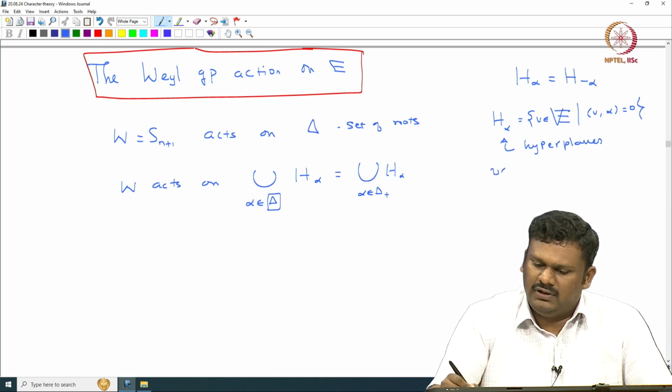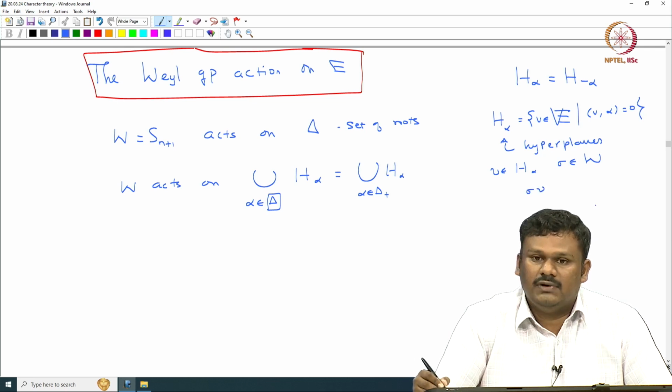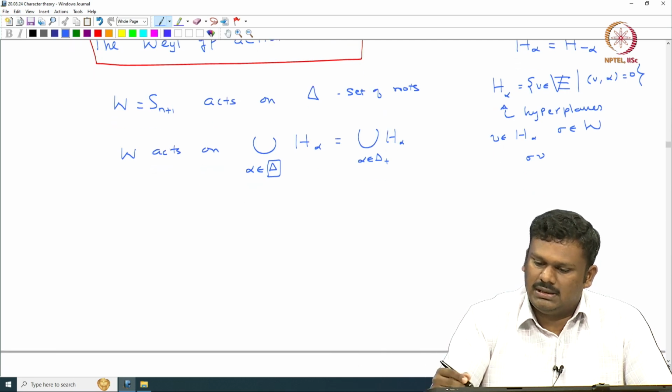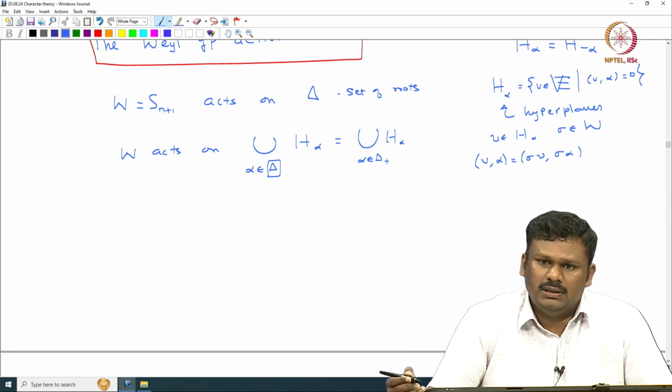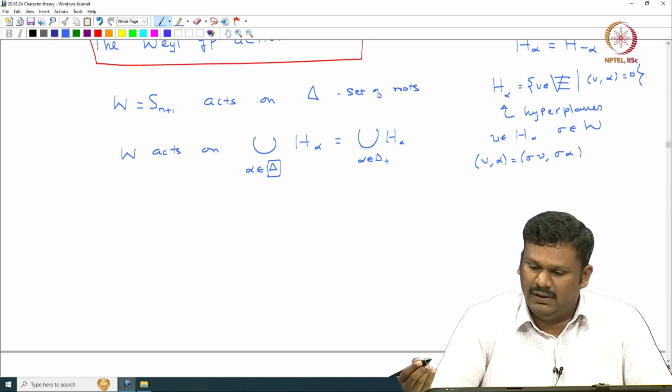Now, if I start with v in H alpha, sigma in W, then we want to say that sigma v will be in some other hyperplane. You can see that the inner product of sigma v and sigma alpha is going to be equal to the inner product of v and alpha. That is easy to see, because this Weyl group S n plus 1 will preserve this inner product, which is something you can directly verify.